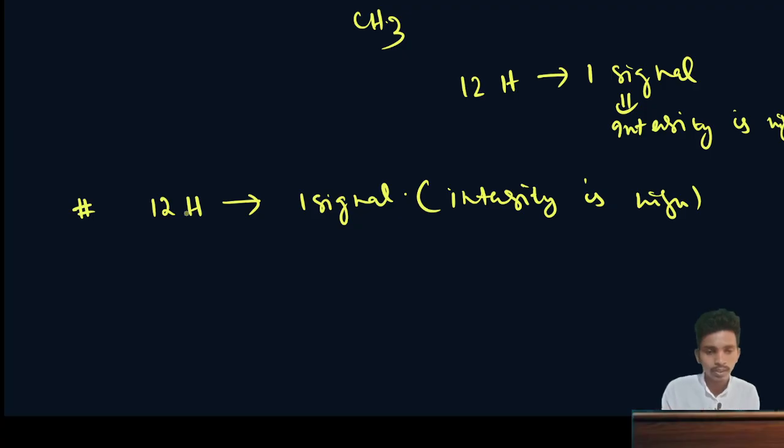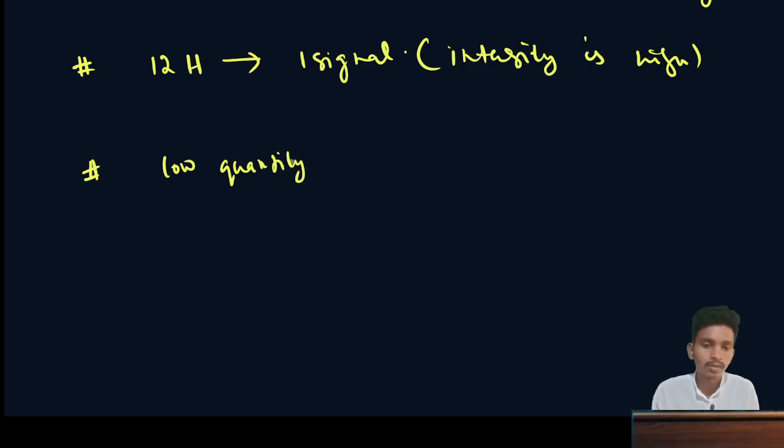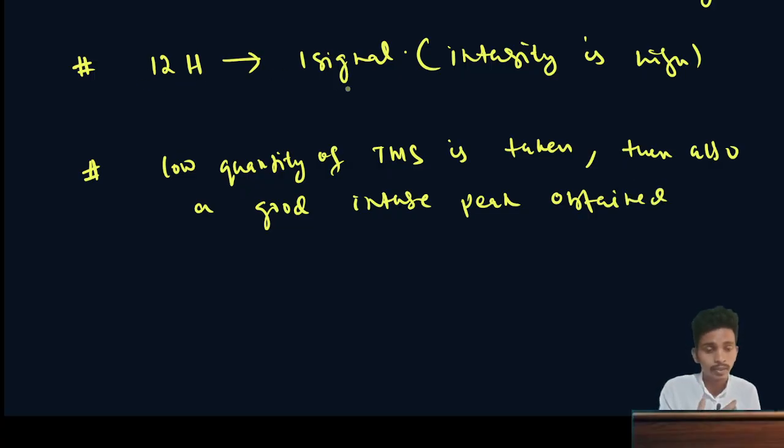So even if we take a very low quantity of TMS, we still obtain a good intense peak, because the 12 H give one signal with high intensity.